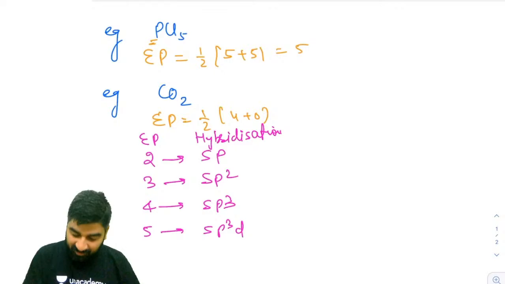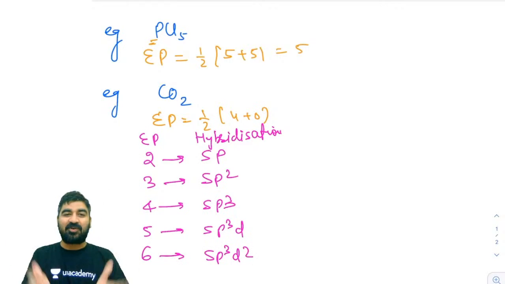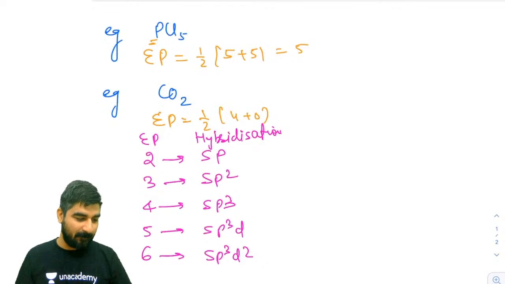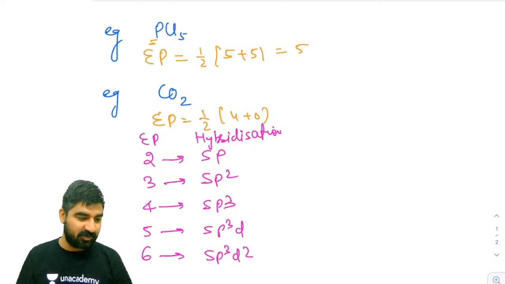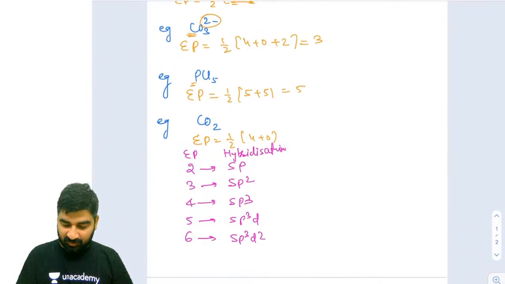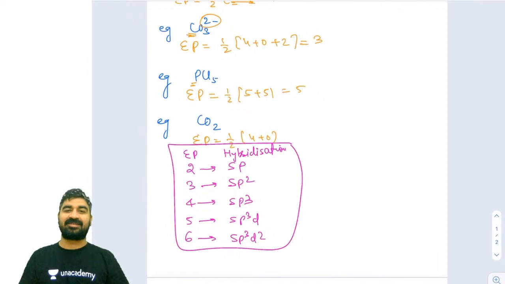And if we have 6, then I will say sp3d2. So these are all the hybridizations. So hybridization you can calculate using the electron pairs.